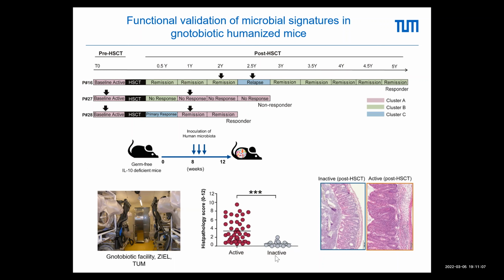That was fantastic, because we had 6 mice per group, and it was all reproducible. We always had the same result: when we inoculated a disease-associated microbiota, we had diseased mice, and when we had a disease-free microbiota, the mice were completely disease-free.